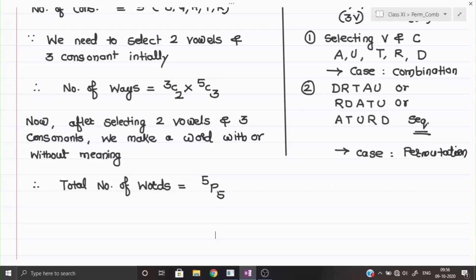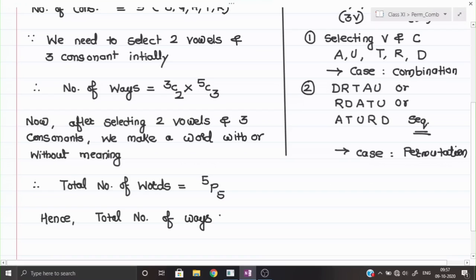Now we will write down at last, hence total number of ways. Now the question comes, how shall we write down the total number of ways? See, when we have written the particular case of combination and the particular case of permutation, this is a part of one complete process. The process doesn't end till we write down 5P5.